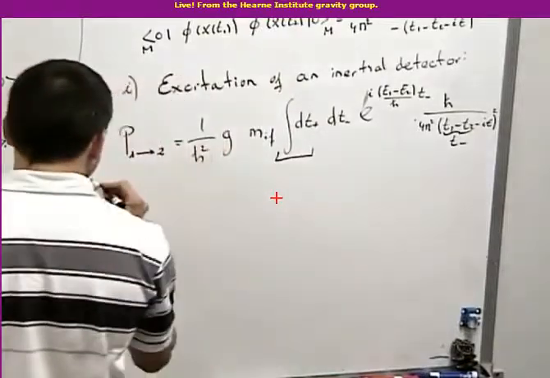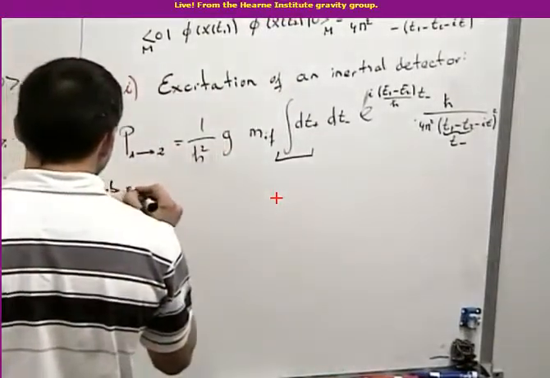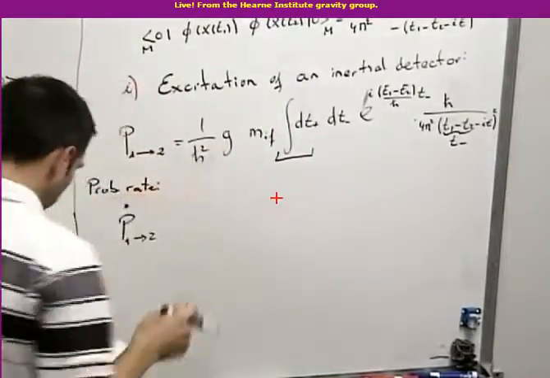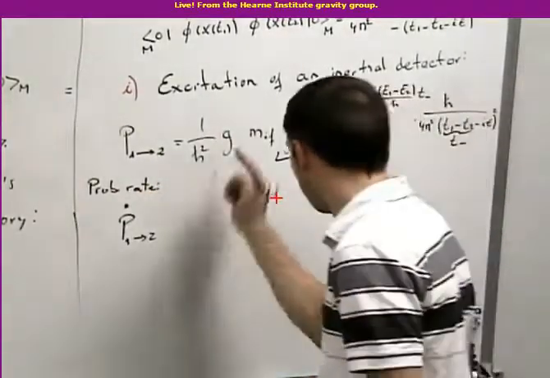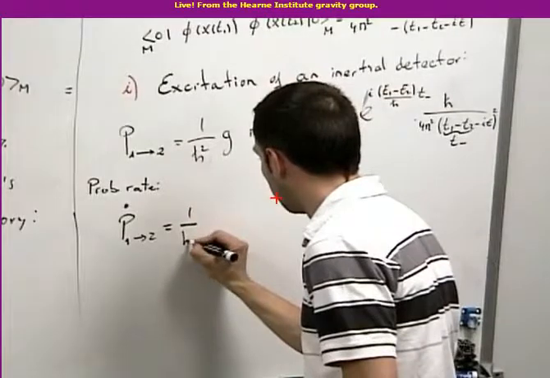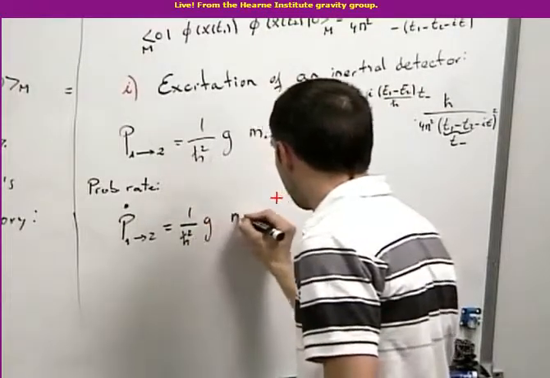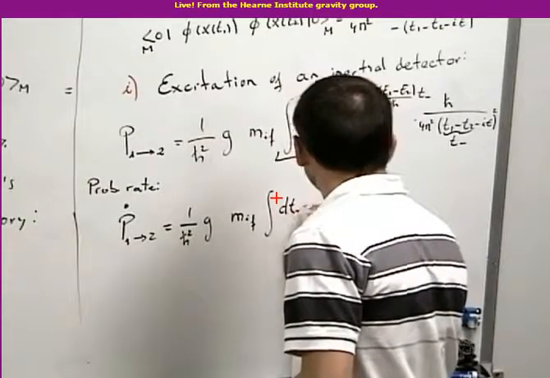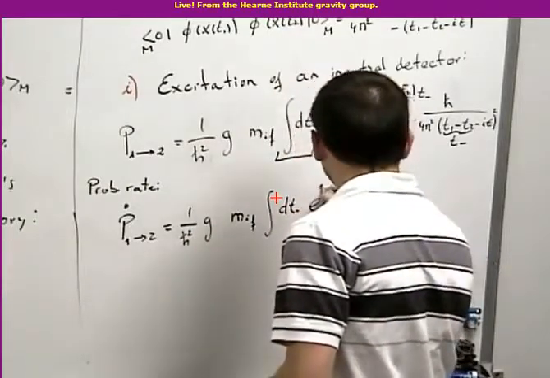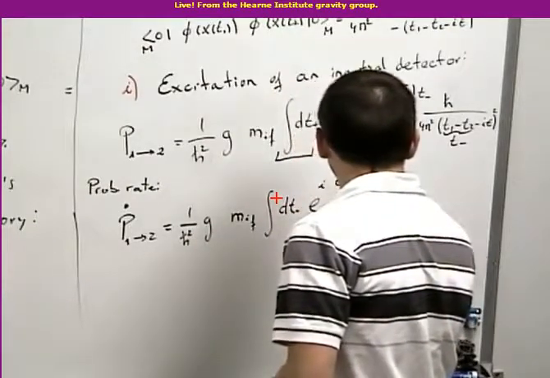So this is the probability rate, which is just removing that integral. So essentially, it's like the Fourier transform of the two-point function.